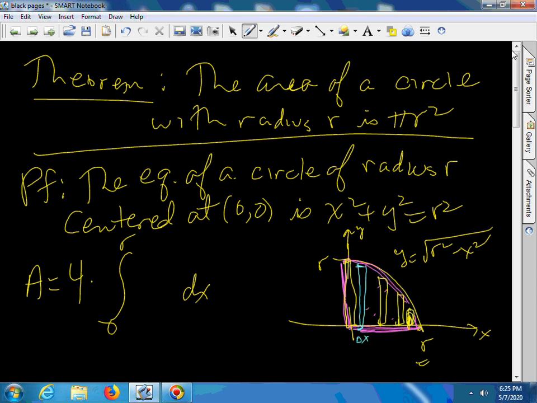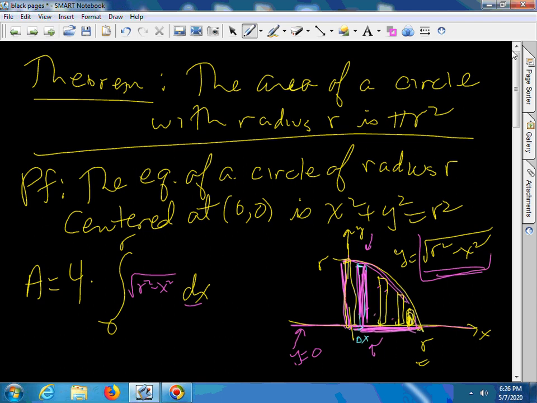And we have the base, it's the rectangle, base times height. Well, what's the height? How much is that height? Well, any height is the top minus the bottom. Well, the top is the square root of r squared minus x squared, minus the bottom. Well, down here, along this whole line, y equals 0.